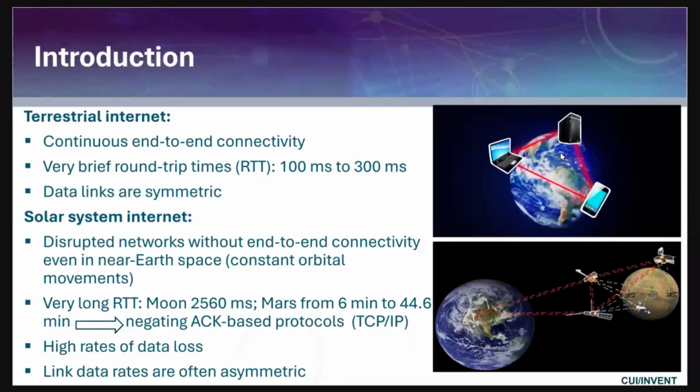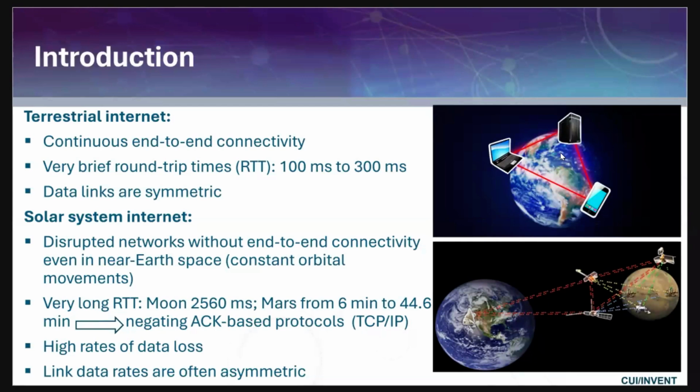As you know, the terrestrial internet is characterized by continuous end-to-end connectivity, very brief round-trip time, and symmetric data links, whereas space networks are challenging because of disrupted networks without end-to-end connectivity, even near Earth space, because of the constant orbital movements.